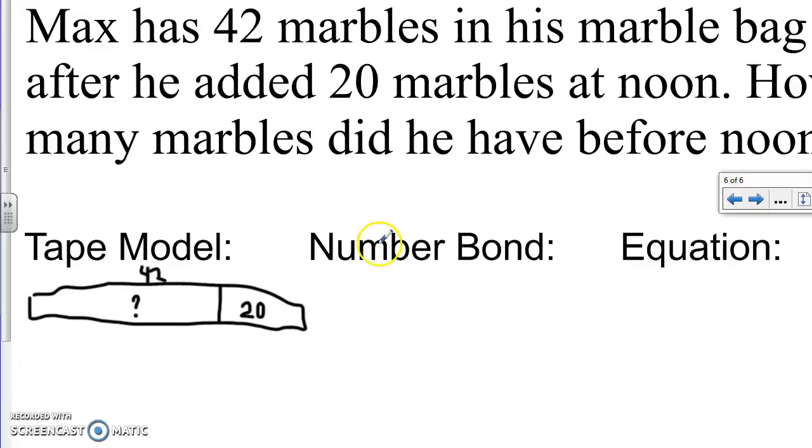So I can create a number bond to also help me understand this. So in this problem, I know that the whole amount of marbles is 42. We do not know one of the parts.